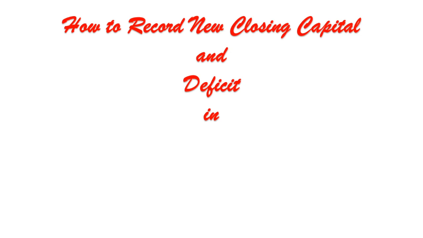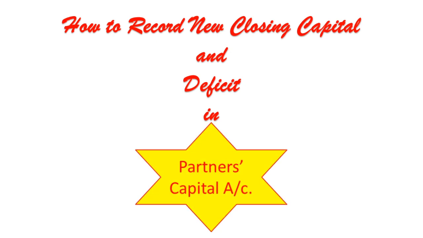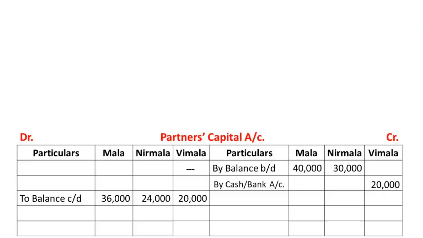Now suppose if there is deficit, then how to record this closing capital and deficit in partner's capital account? Everything is same as we have discussed earlier. Assuming there is an amount of additional drawings here, so two drawings, 15,000 in the column of Mala and 15,000 in the column of Nirmala.